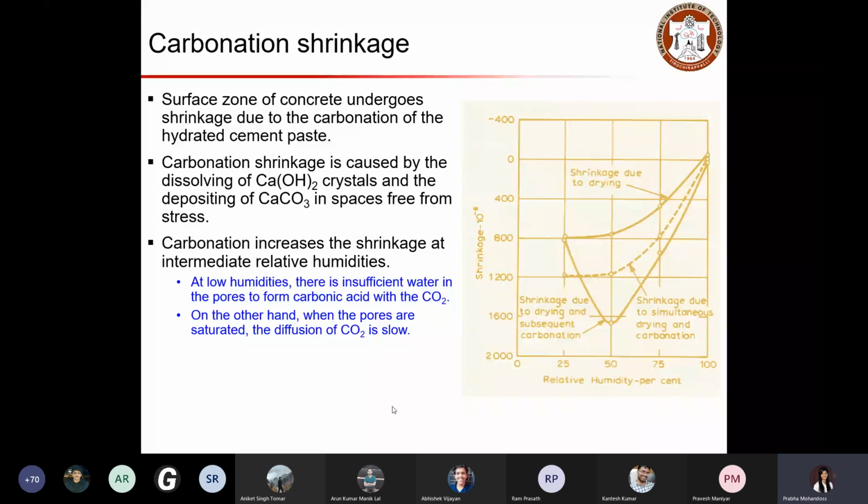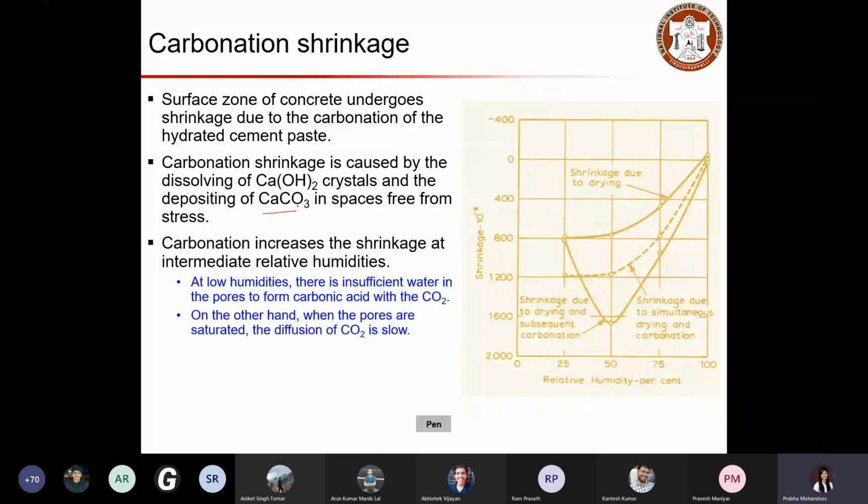That means your hydrated cement particles have calcium hydroxide, and the calcium hydroxide gets dissolved and, when it gets carbonated, it deposits the product called calcium carbonate. This calcium carbonate occupies the space free from the stress, because the volume of the calcium carbonate is lesser than the volume of your calcium hydroxide.